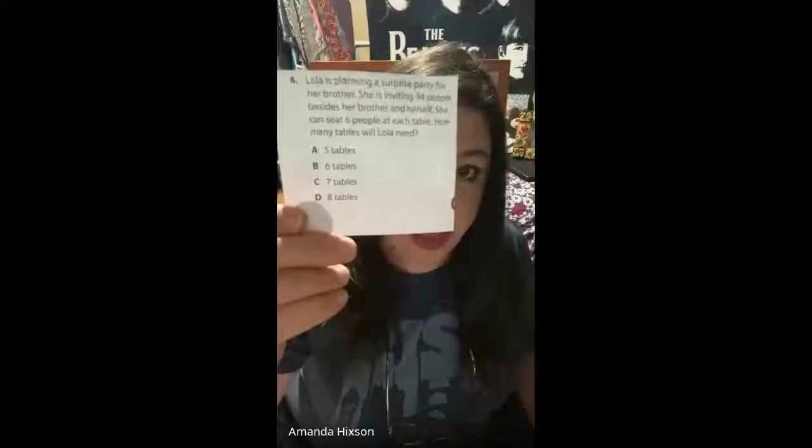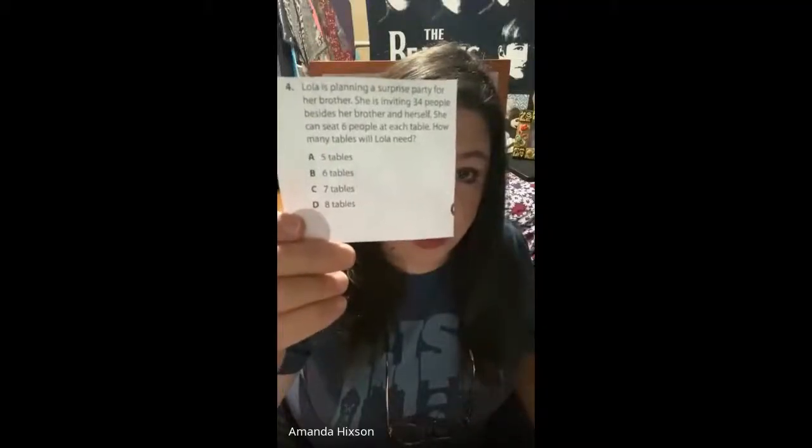I can see Jacob's working it out. He knows that there are 36 people in all, and there's 6 at each table. I know the thing is division. It is division. They're dividing those people into tables, and they need to see how many.